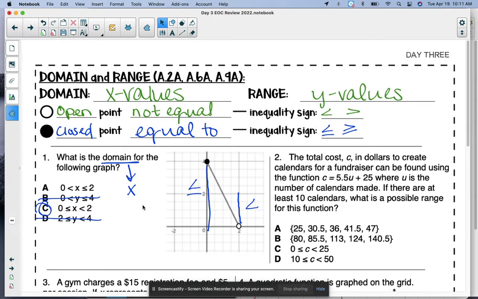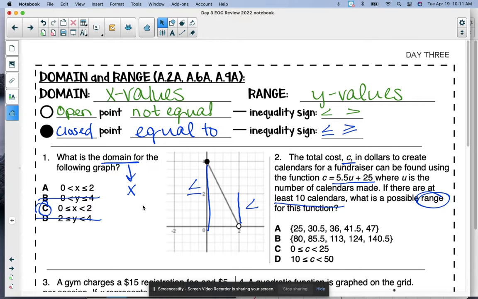There's no in between. So let's look at number 2. This one says the total cost, C in dollars, to create calendars for a fundraiser can be found using the function 5.5U plus 25. And U represents the number of calendars made. If there are at least 10 calendars, what is the possible range for the function?